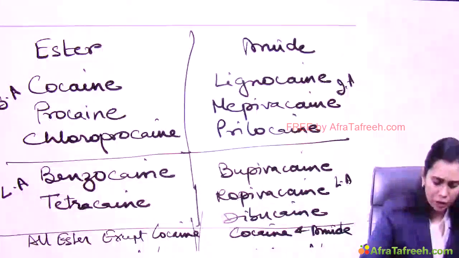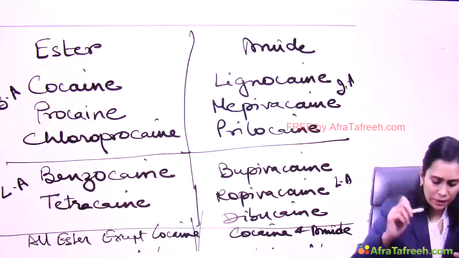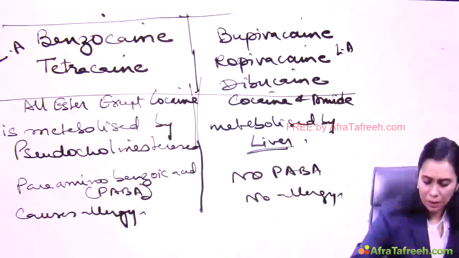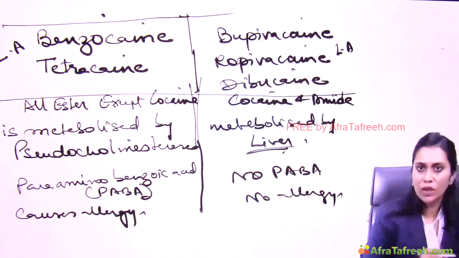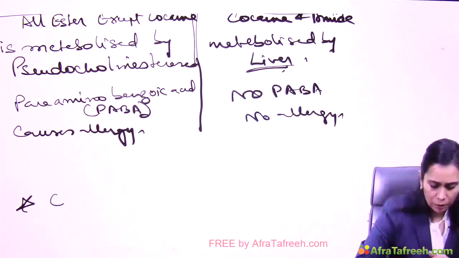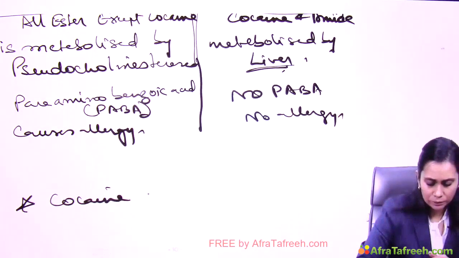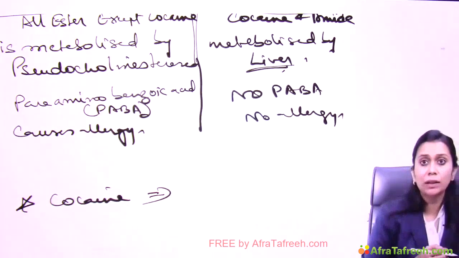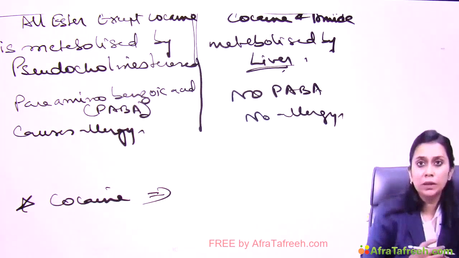Now let us start with the first drug, that is cocaine. What are the points of cocaine clear from the chart? It is short acting, it is ester, and it is the exception in this group, being metabolized by the liver and causing no allergy. What extra point do we need to talk about cocaine? Guys, cocaine is a coca plant extract. It's a natural LA, the only natural LA, and the first LA to be used clinically.